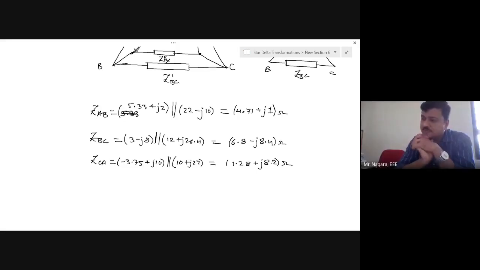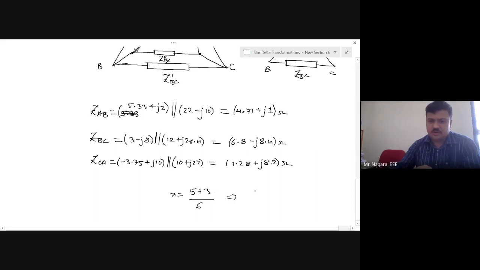What about others? If the majority are getting the same, then you should check the calculations back. Maybe some error you might have done in substituting, or in taking the brackets. Brackets are very important. Sometimes if we enter the value like this, say x is equal to 5 plus 3 divided by 6, in the calculator, if we enter 5 plus 3 divided by 6, sometimes it will take 5 plus of 3 divided by 6.